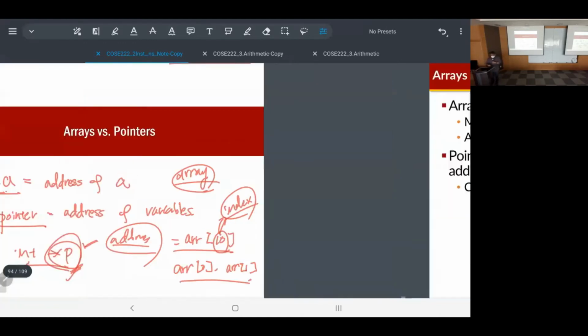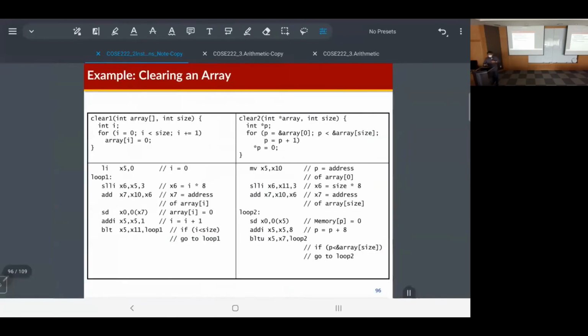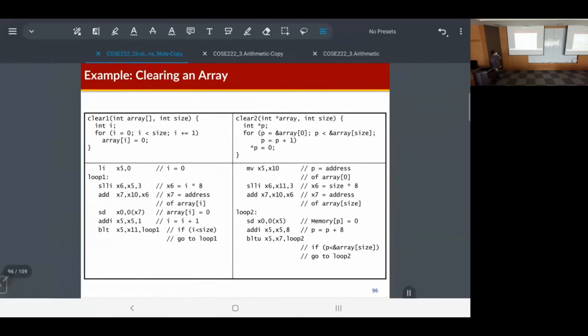Okay, so we can write the code with the array type, and also we can write the code with pointers. Actually these two programs are equivalent.